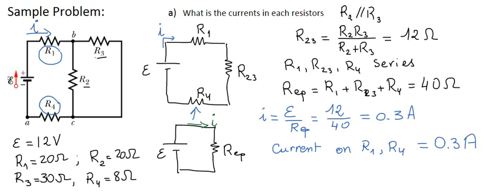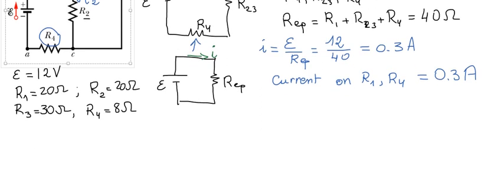Now, how to find the current in the two resistors? So let's call this I2 and let's call this I3. How can we find the current in the resistors R2 and R3?